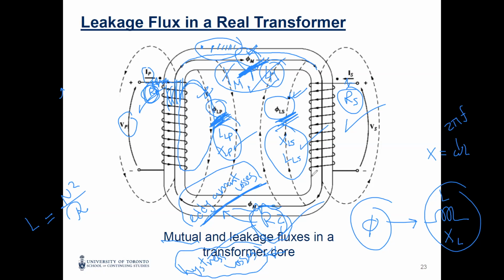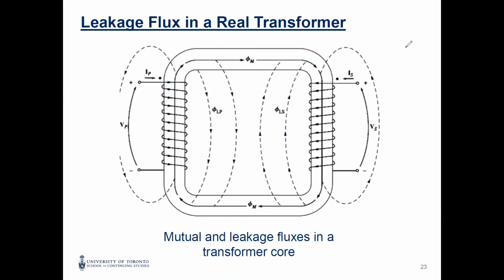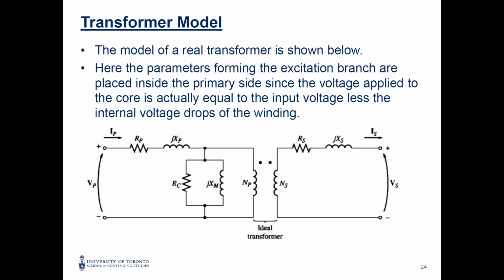We have 6 parameters, 3 resistances and 3 reactances. This is for the real transformer. If we go next, you will find the equivalent circuit of the transformer, what we can call the model, the equivalent circuit of the real transformer.